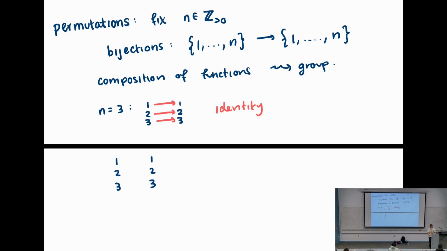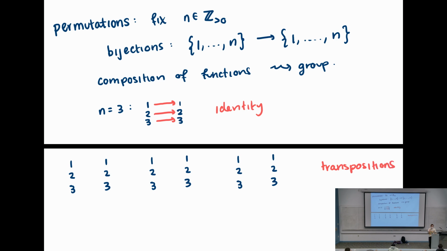So there are 3 that are called transpositions. What these do is they switch 2 elements. For example, I could switch 1 and 2 and leave 3 alone, I could switch 1 and 3 and leave 2 alone, or I could switch 2 and 3 and leave 1 alone.